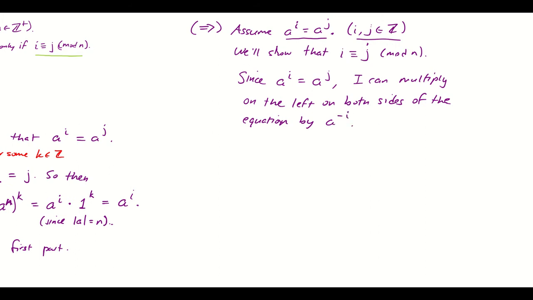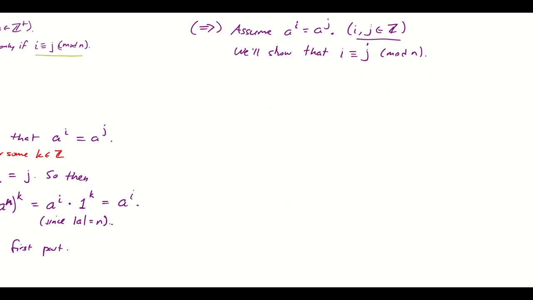That's going to get rid of a to the i for me. So I have a to the negative i times a to the i equals a to the negative i times a to the j. And that leaves me with the identity on the left side, because this was a to the negative i plus i, that's a to the 0. I'm just going to put that in parentheses there, that's my work. And then the right side is just a to the negative i plus j. So I have the identity equals a to the j minus i, whatever that is.